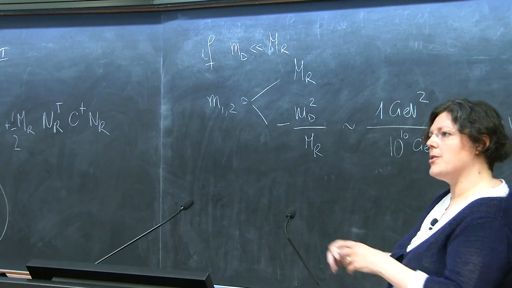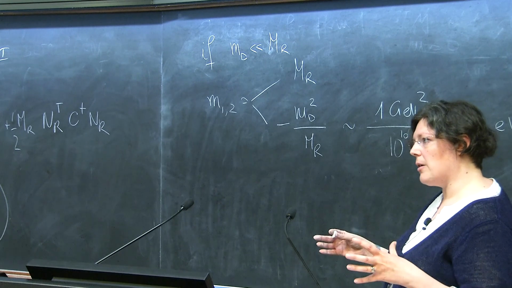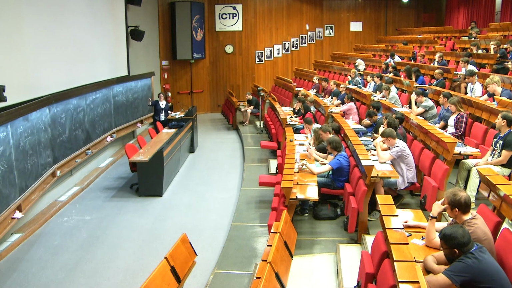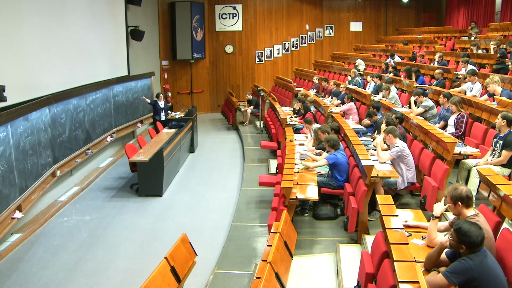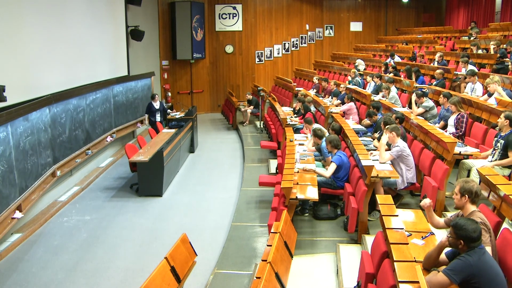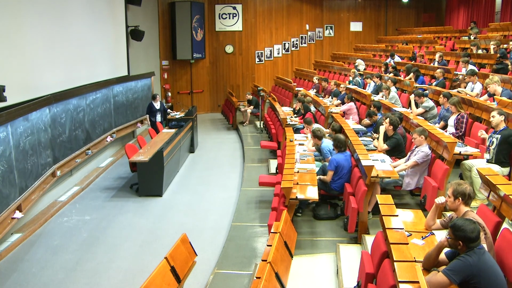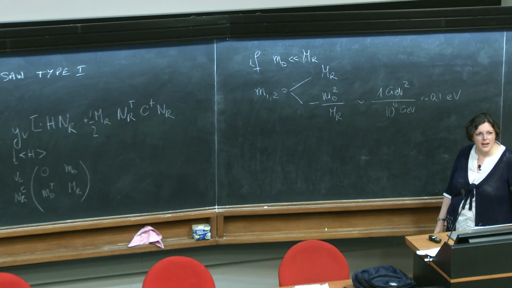SO(10) also requires a right-handed neutrino in the fermionic representation. And again, by the breaking of SO(10), I can generate a mass for the right-handed neutrinos, and so induce a seesaw very naturally.